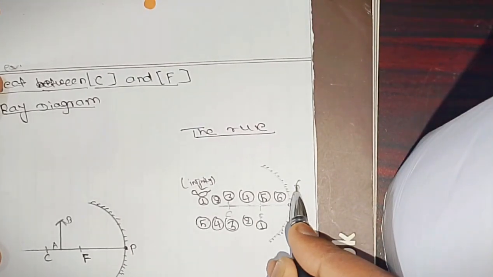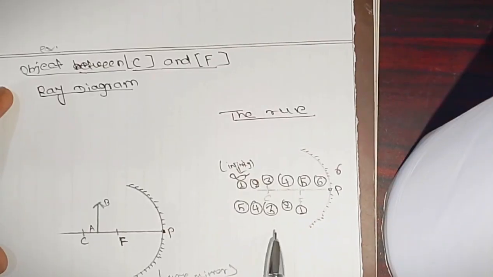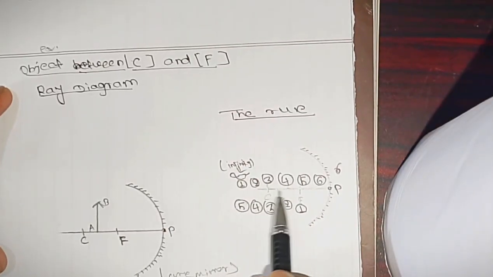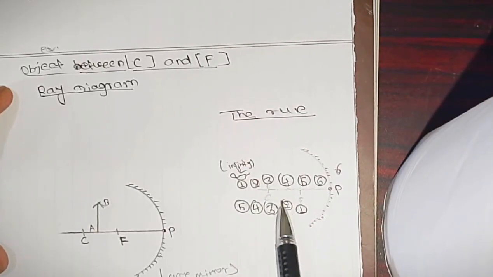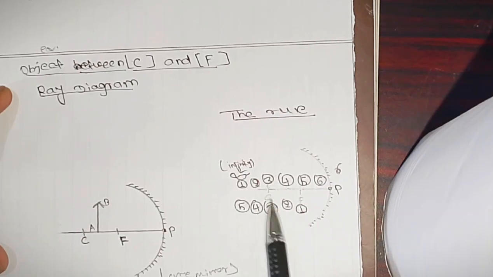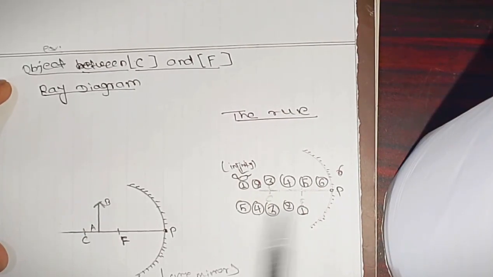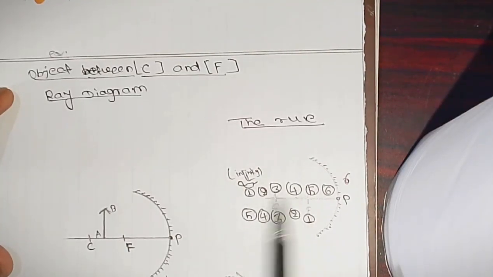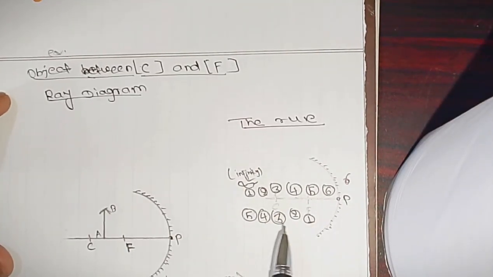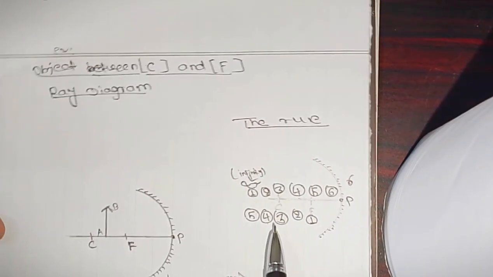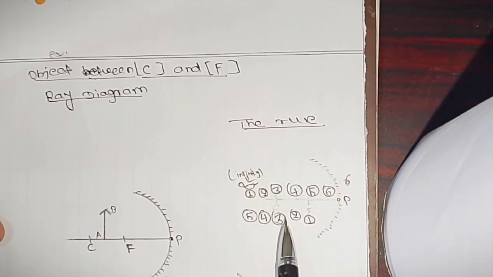Look properly here. If the image is between C and F, the object is formed here, beyond C, beyond the center of curvature. You can learn this diagram easily. This rule will help you easily determine where the image is formed or what the nature of the image is.